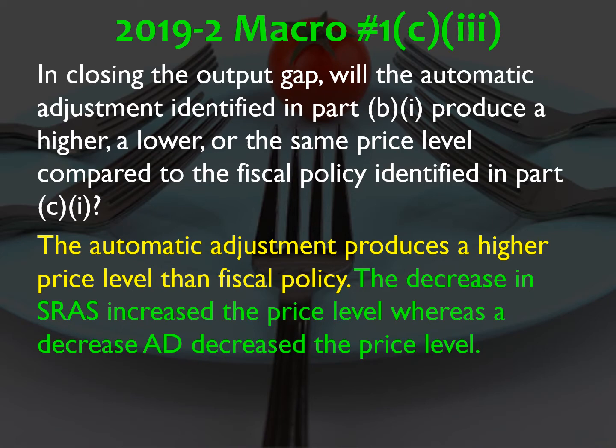However, in Part C1, if AD shifts to the left, price level goes down. So even though both shifts cause real output to decrease, the SRAS shift causes price level to increase, while the AD shift causes the price level to decrease. Thus, the automatic adjustment of the SRAS shift produces a higher price level than the fiscal policy change.